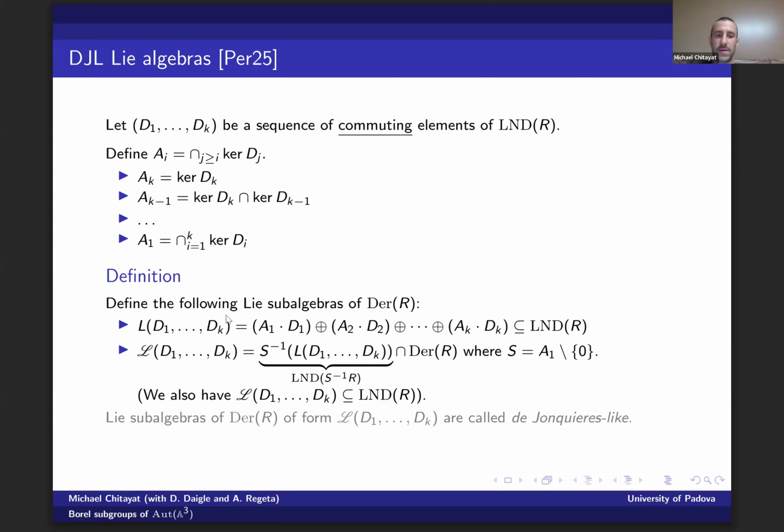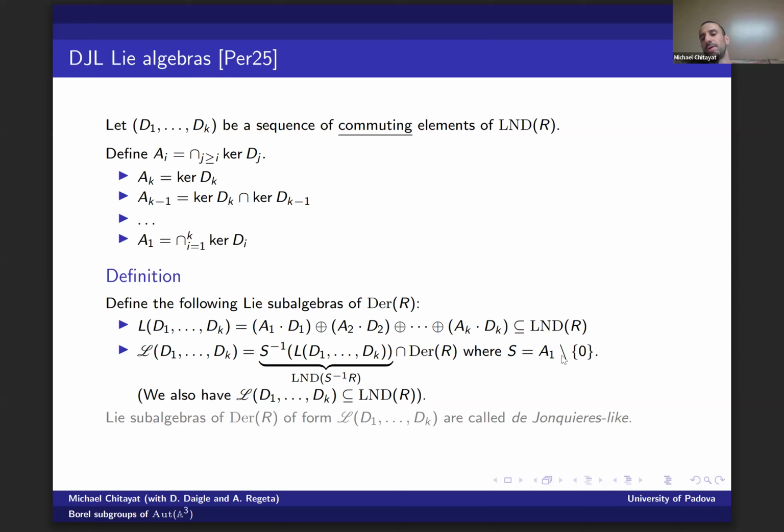And then you can check that this Lie subalgebra is actually contained in the set of locally nilpotent derivations of R. And then you look at this curly L, which is a bigger Lie subalgebra. It's a similar object, except that you are allowed to localize at the non-zero elements of A_1.